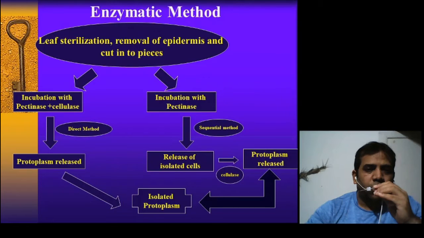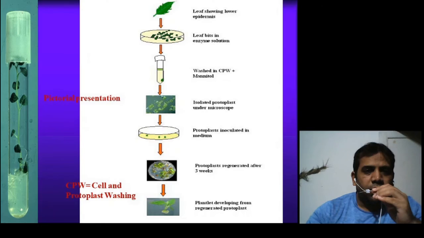In the other method, incubation with pectinase is the first step, where pectinase removes pectin and the cells get separated, and later these separated cells are subjected to cellulase so that the cell wall is completely degraded and the protoplast is isolated. In this schematic presentation, the leaf is cut into pieces and incubated with the enzyme. Later they are washed with cell and protoplast washing buffer, and ultimately the protoplast is isolated by centrifugation. If incubated on a specific medium, they will regenerate and complete plantlets will form.